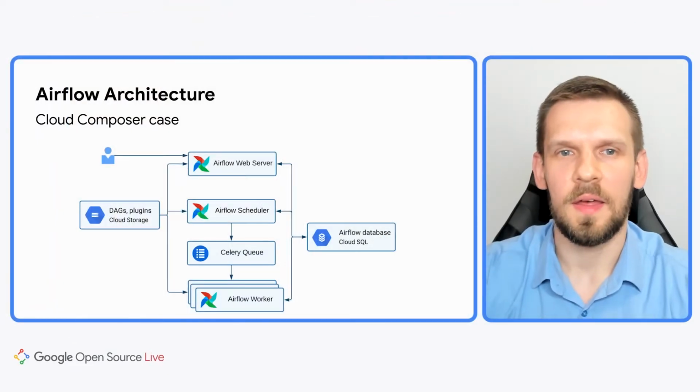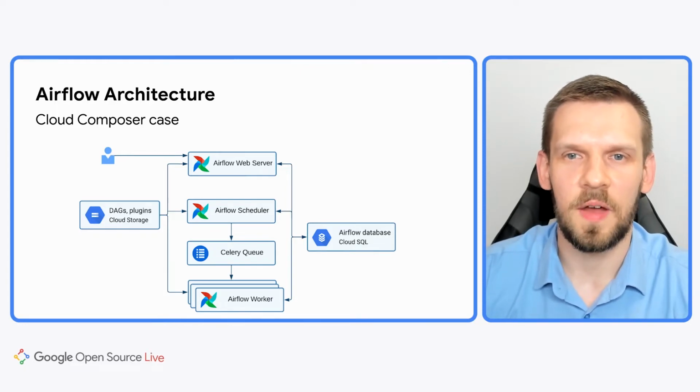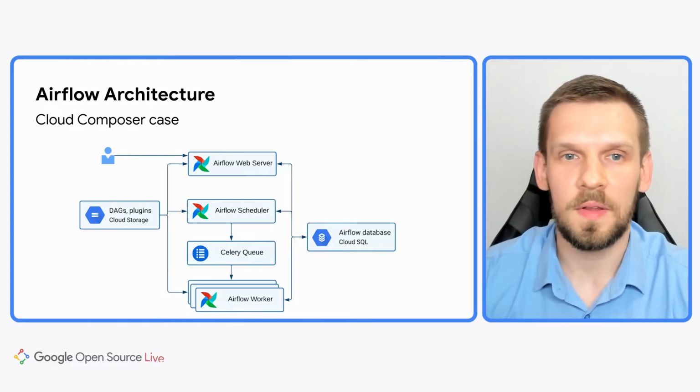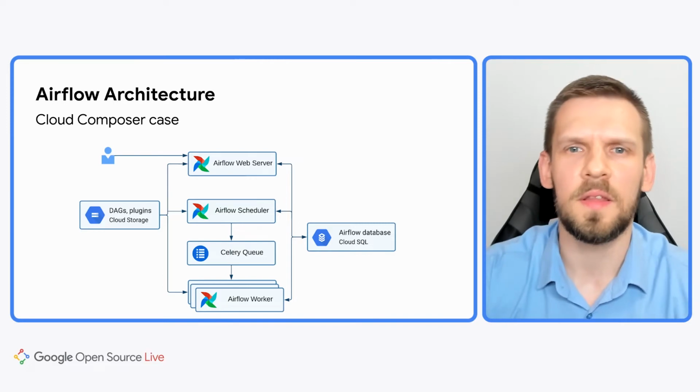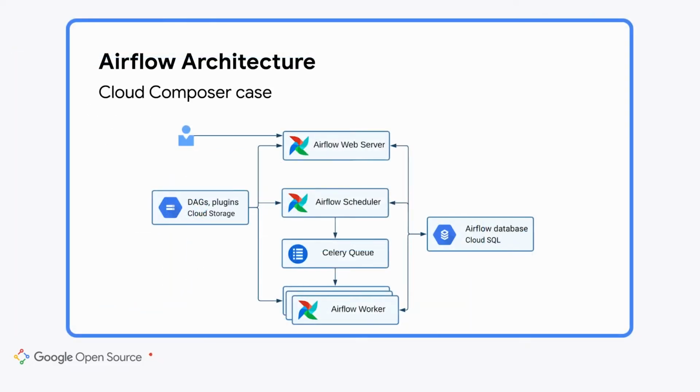What you can see in this slide is a very simplified architecture of Airflow that is used in Cloud Composer and probably in many standalone Airflow installations. I focused only on the most important components to make the picture as clear as possible.